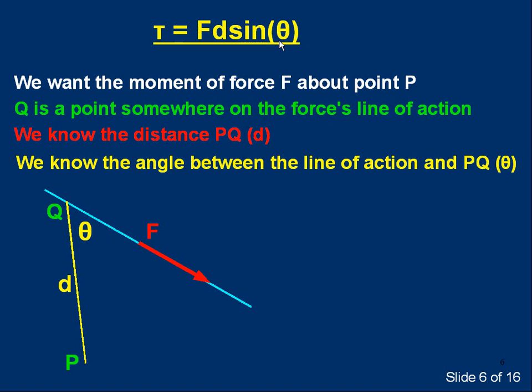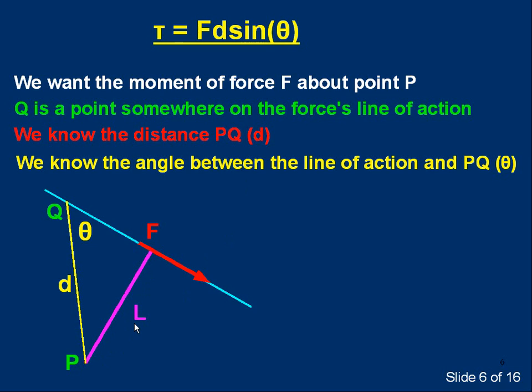Well, the derivation is very similar to the calculation we did on the previous slide. Let's draw in the perpendicular, the lever arm, the line joining P to the line of action, so it's at 90 degrees to the line of action.